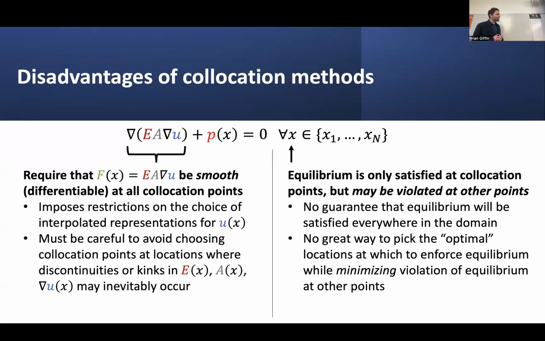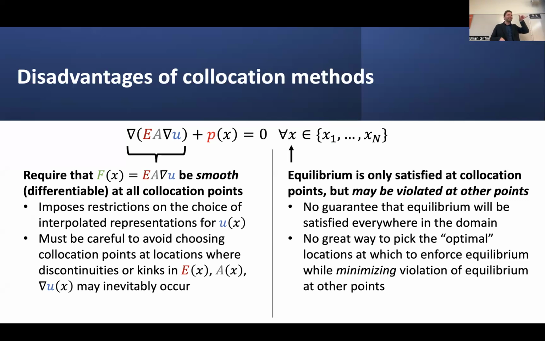Now, here's a problem. What if I had some member that didn't necessarily have uniform material properties? Specifically, suppose I had two members connected end to end, such that the material in one end of this member has some larger value of the Young's modulus compared to the other member that might be connected to it.